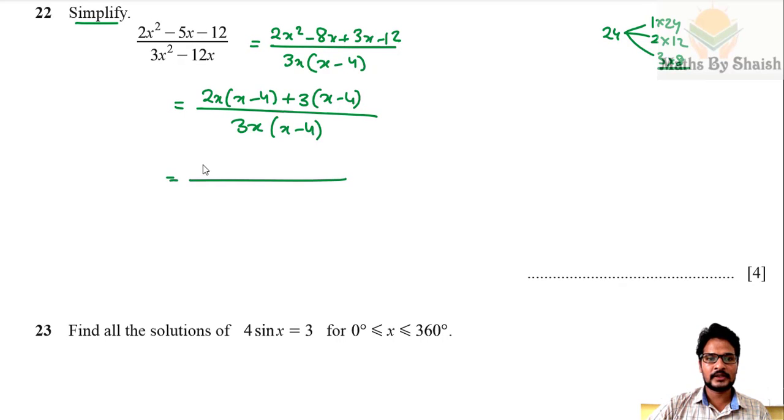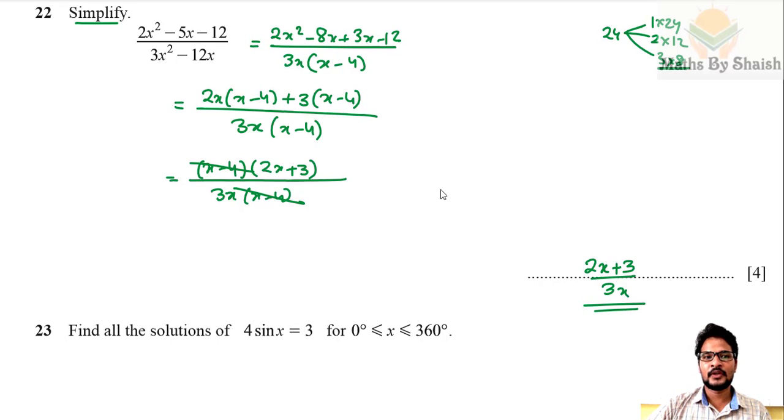Now we will factorize the numerator. It becomes x minus 4 and 2x plus 3 whole upon 3x times x minus 4. x minus 4 got cancelled, and we got the final answer as 2x plus 3 upon 3x, and that's the simplified form. I hope it is clear.